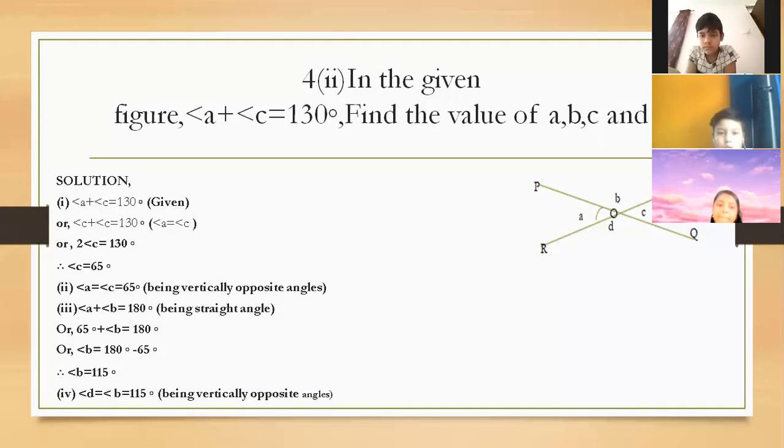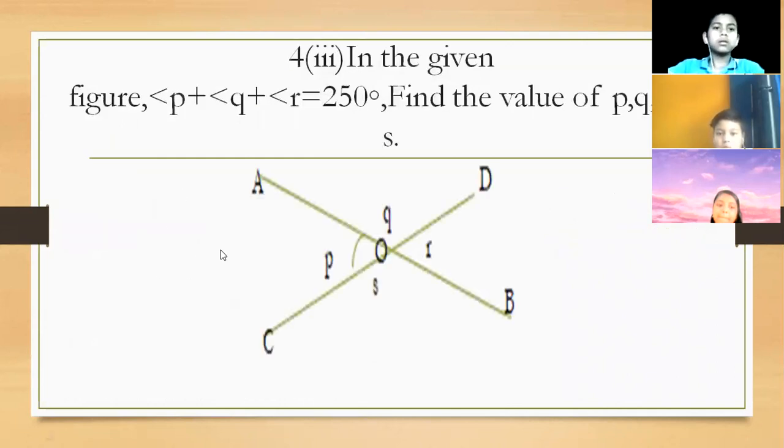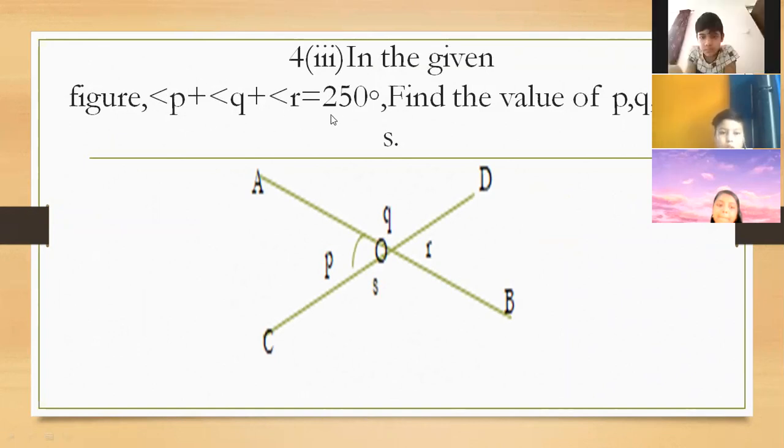No, we are going to finish. Just one question only left. Okay, now look here. Should I show you the next slide? Yes, sir. Okay, this is the question. In this question, P, Q, R, these three angles are added and their value is 250 degrees.